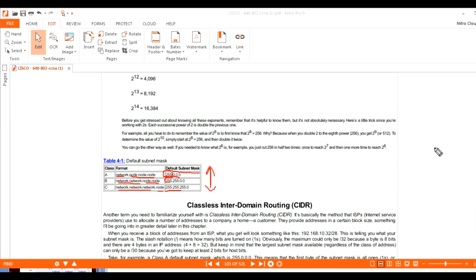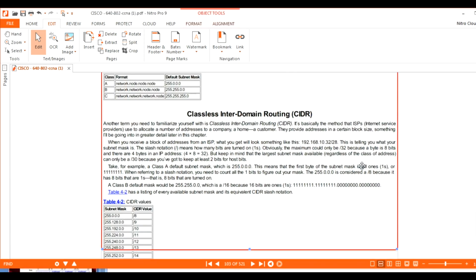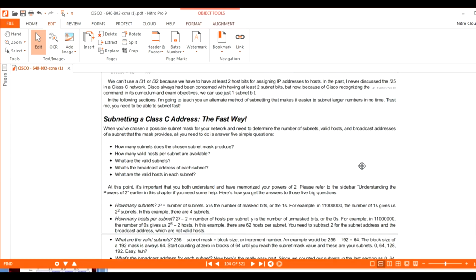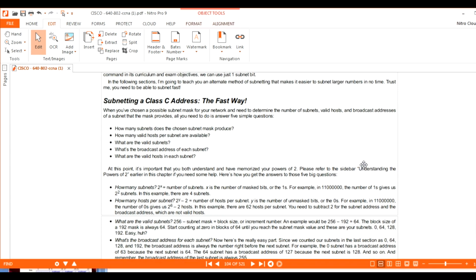Now we will move to the class C network and see how to subnet it. To subnet a class C network, first you should have in mind how many subnets the subnet mask produces. If I use a particular subnet mask, it should match my requirement.